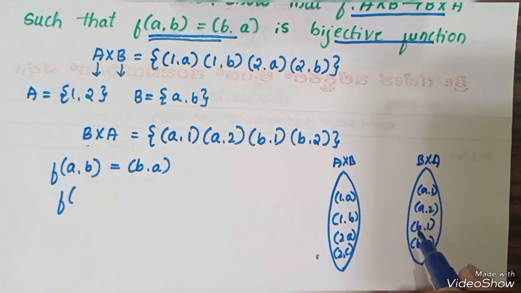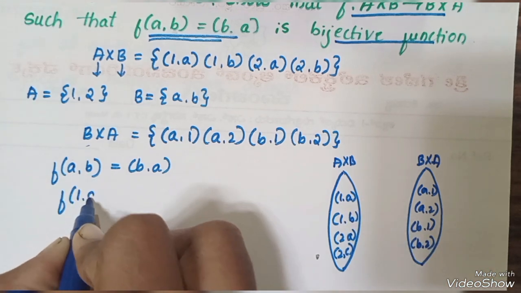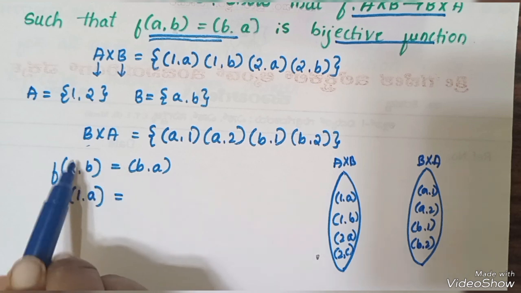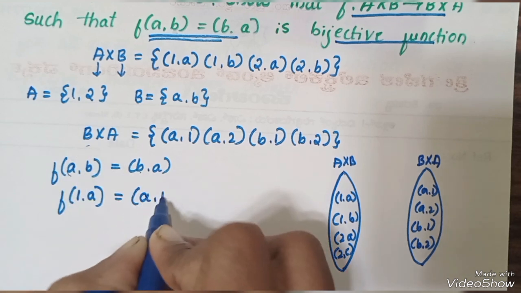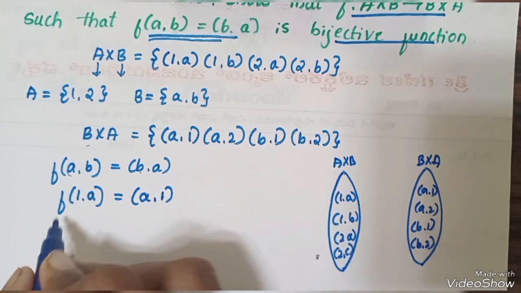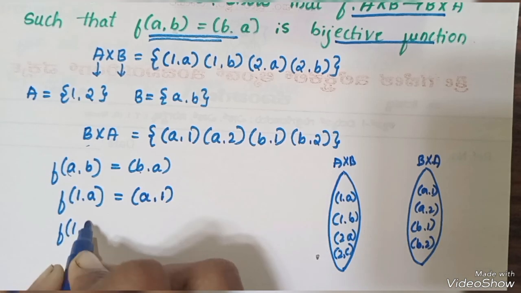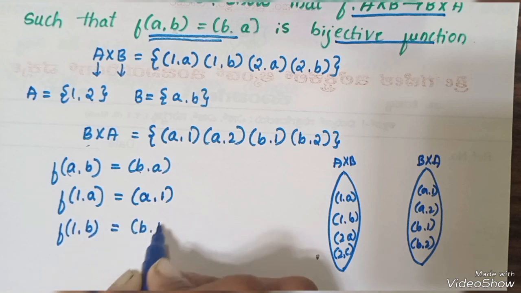Since we have taken 1 comma a in that function, their image should be, taking the first element as b, that is a comma 1. Again for the element 1 comma b, it is equal to b comma 1.